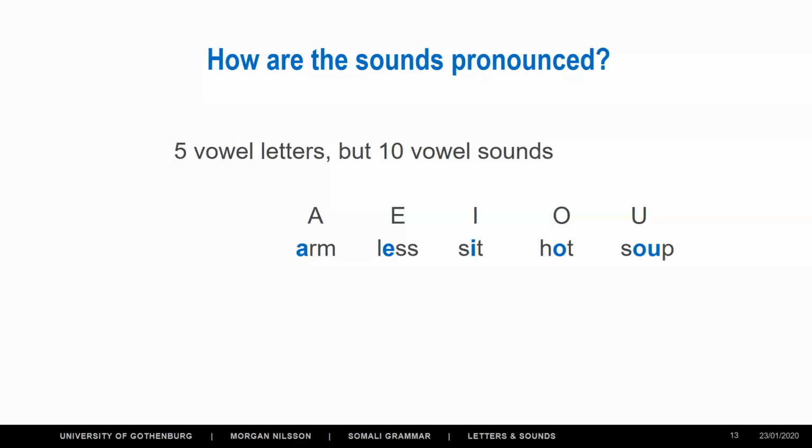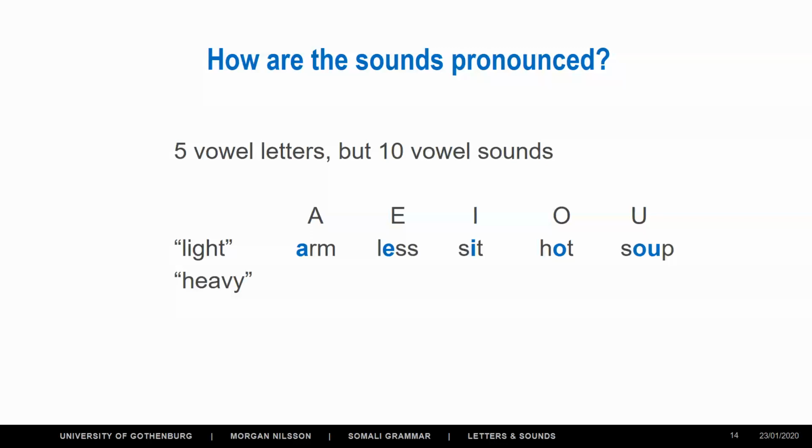So for each and every word, you have to learn which of the 2 possible pronunciations will be used with that word. And the 2 variants of vowel sound that correspond to each of the written letters are called traditionally in Somali grammar light and heavy.